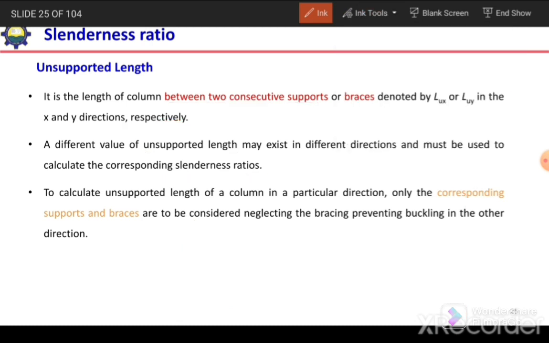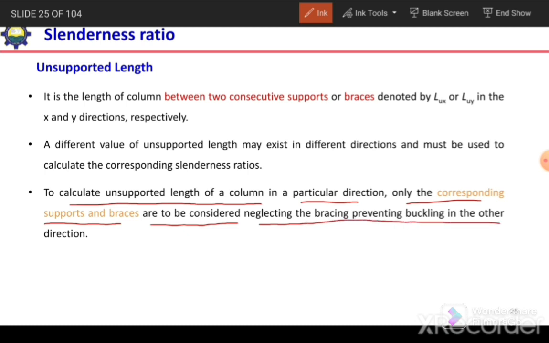So to calculate the unsupported length of a column in a particular direction, only the corresponding supports and braces are to be considered, neglecting bracing preventing buckling in other directions. As I have told earlier, if we are considering this x-axis, but bracing is also present in this direction at some intermediate point, then we will not consider this bracing.